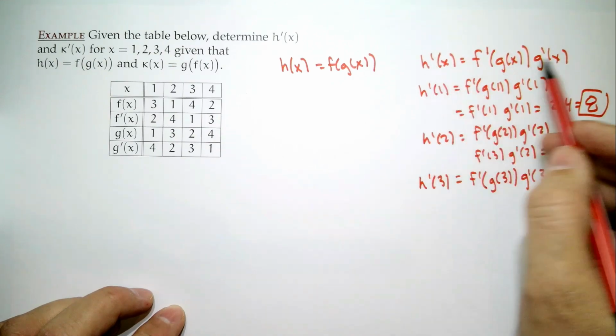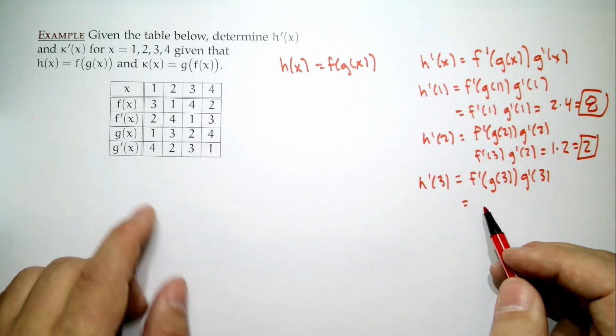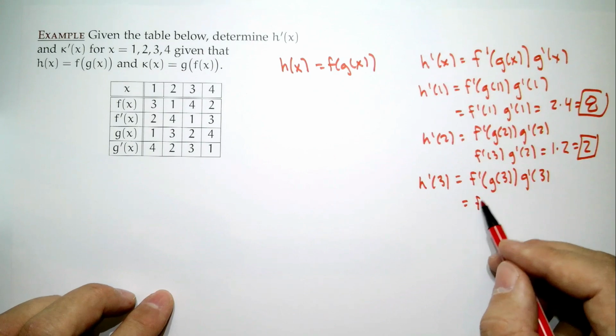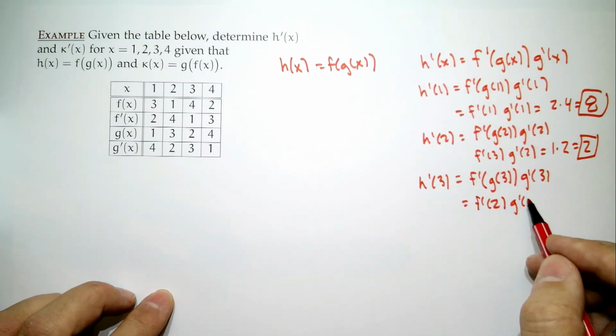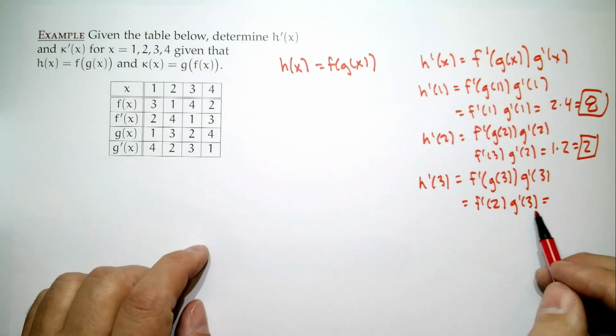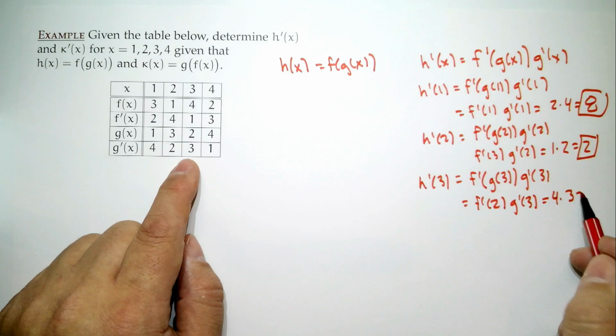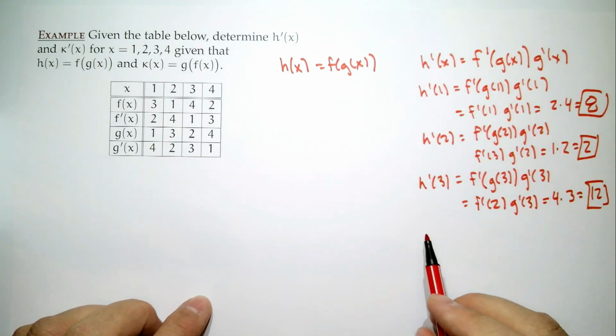So I'm just plugging 3 into my function for h prime of x. g of 3 is 2. So this is f prime of 2 times g prime of 3. f prime of 2 is 4. g prime of 3 is 3, giving us 12.